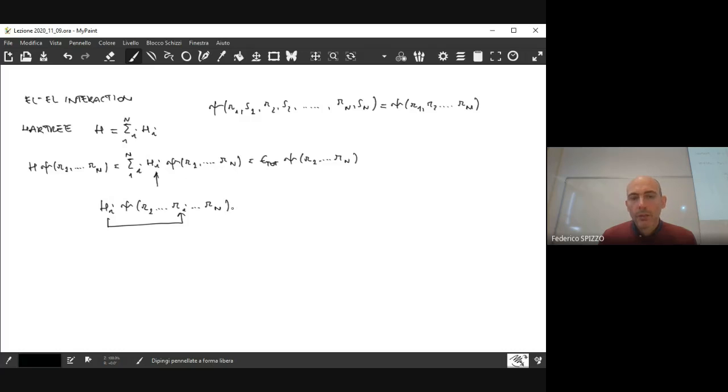So due to this fact, what one tries to do is to rewrite the full n electron wave function as a product. Sorry, I used the index I twice.